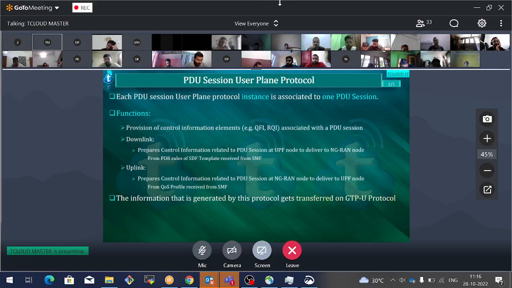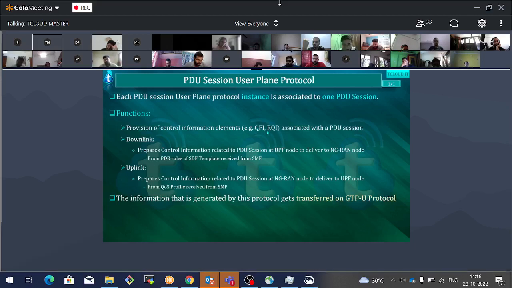What are its functions? Its function is to provision control information elements like the QFI, which is nothing but the quality of service flow ID, and RQI. RQI is the reflective quality of service identifier. So it provides these information elements. Information element is a fancy word for a simple thing called a parameter.